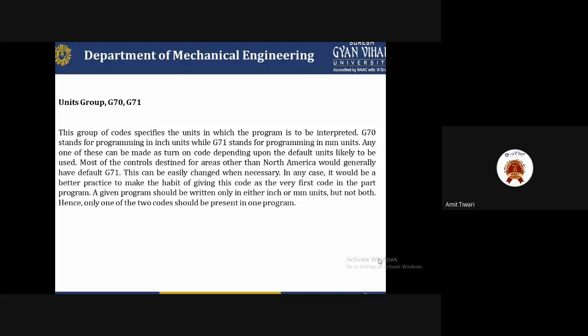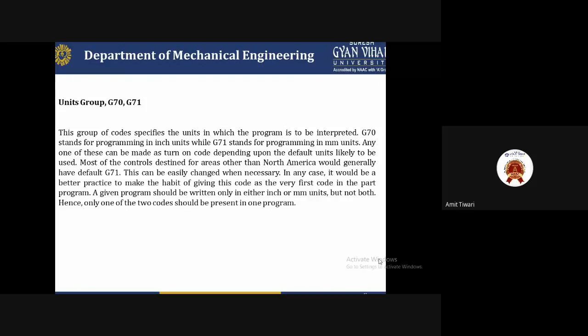Whenever you are writing any code for machines, or doing any operation, you have to write the code in CNC programming. You generally see that G71 is used for programming in this type of section, which is very helpful for obtaining good quality.